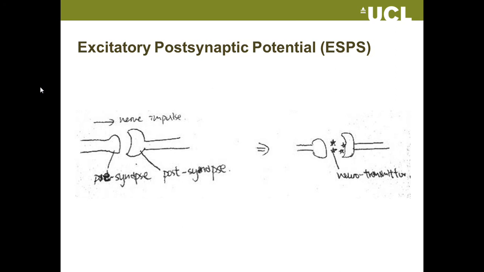Once the neurotransmitter binds to the receptor on the postsynapse, it will induce a postsynaptic potential. It can be either inhibitory or excitatory. What we want to know about is the excitatory postsynaptic potential, which I'm going to call EPSP. It is the potential that can depolarize the membrane.